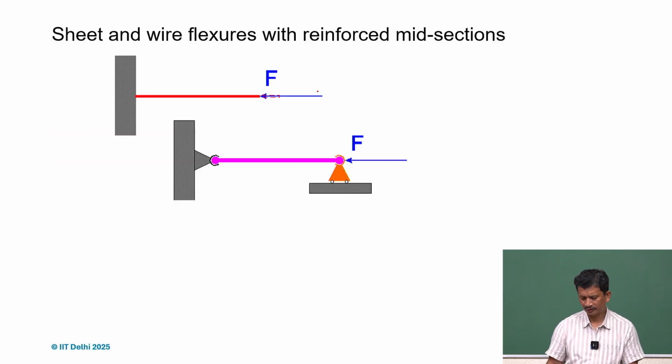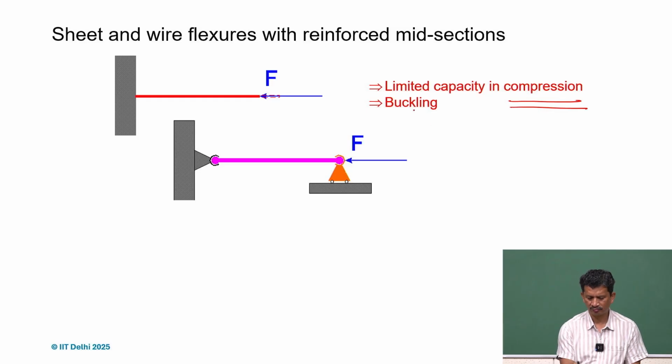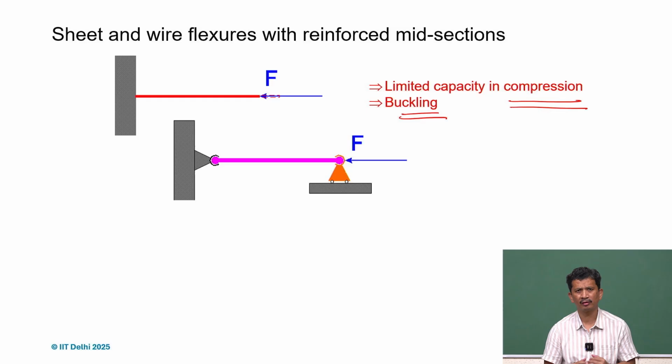But we also understand that if they are going under compression, a very thin section is prone to buckling, and that's something we have to take care of, or be aware of. So what to do?